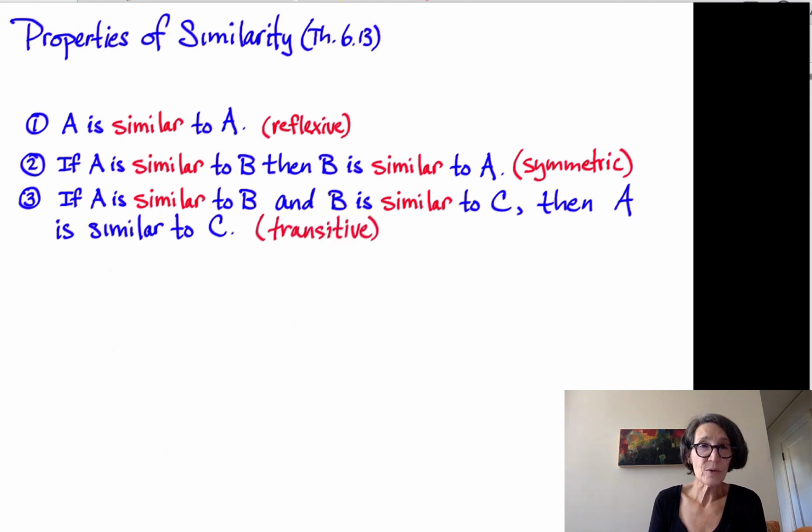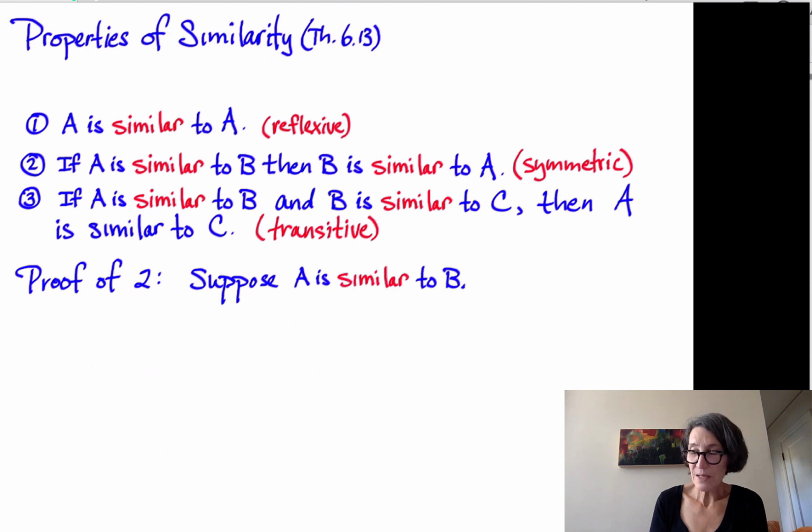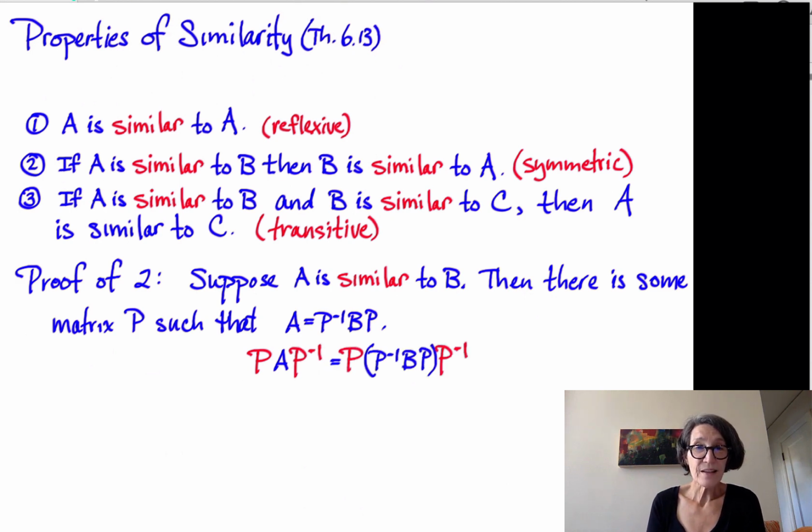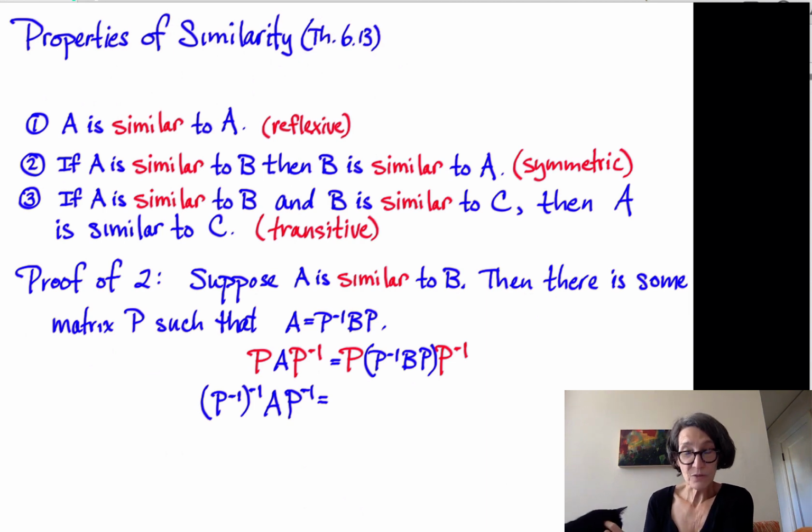Let's just prove one of these properties. Let's prove property 2. So suppose that A is similar to B. That means that there is some P such that A is equal to P inverse BP. Well, if we multiply on the left by P and on the right by P inverse on both sides of the equation, then on the left we get P inverse inverse, or the inverse of P inverse, times A times P inverse.